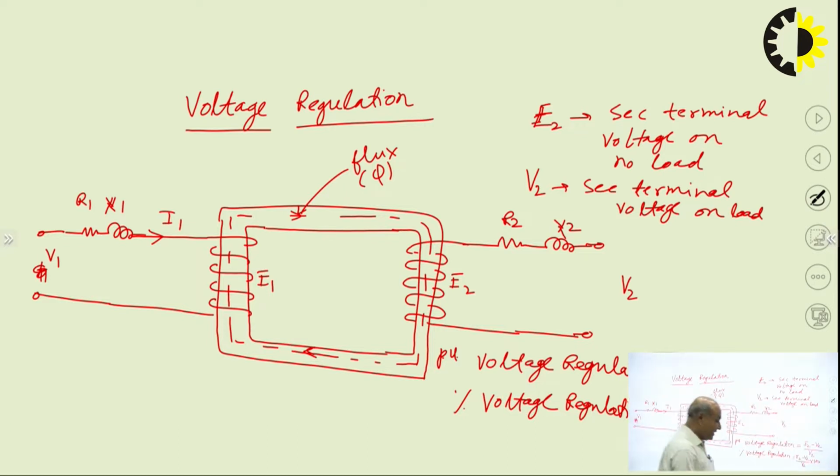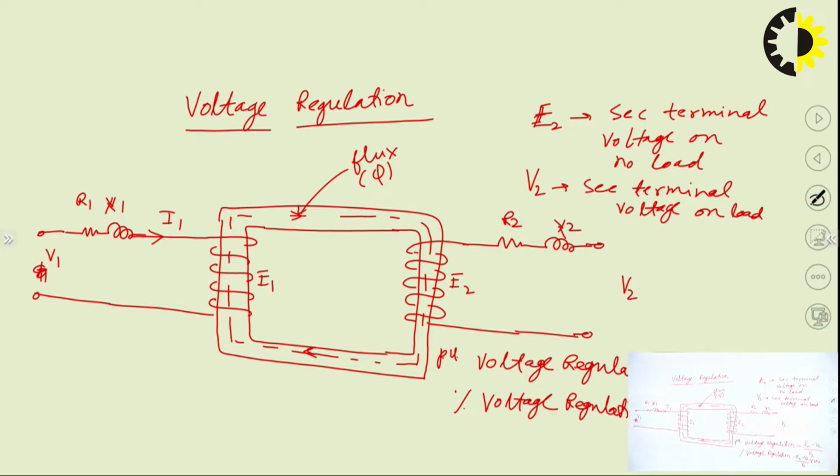Now, this voltage regulation sometimes will be positive and sometimes negative. How can we explain this? We will explain it by taking the case of a lagging power factor load, where voltage regulation will be positive, and a leading power factor load, where voltage regulation will be negative.